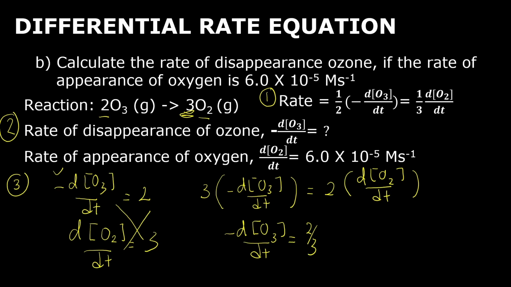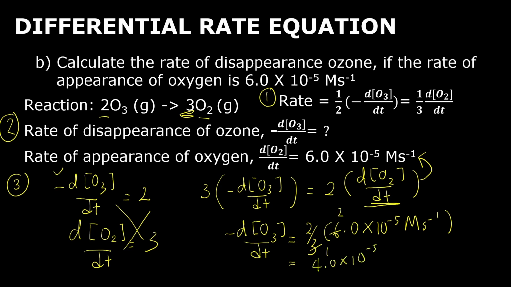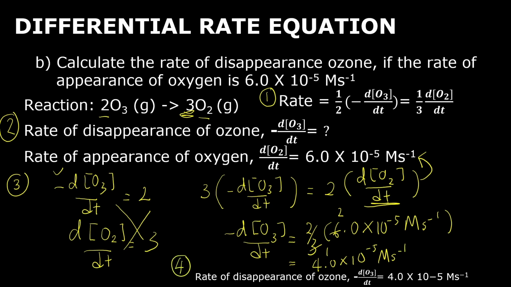And for the rate of appearance of oxygen, it is given as 6 times 10 to the power of negative 5 molar per second. Substitute that into the equation to give us the answer, which is 4.0 times 10 to the power of negative 5 molar per second. So at the end, we need to write our answer in this form. So the rate of disappearance of ozone, therefore, is 4 times 10 to the power of negative 5 molar per second.